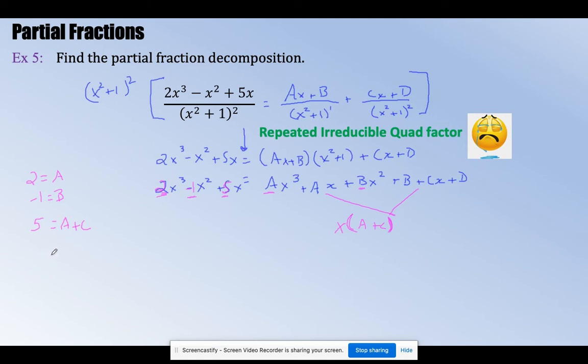What do I do now? Let's see. I took care of that. I dealt with that. I dealt with that. Who's left? No x's. Oh, so b and d have to be my constant. Well, what's my constant on the left?